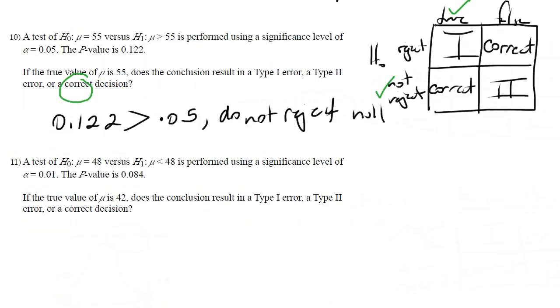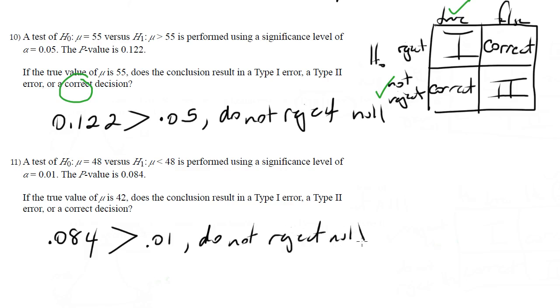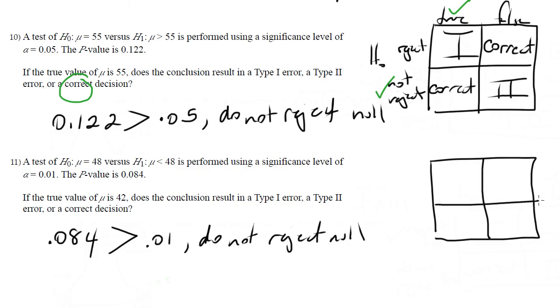Okay. Last one. P-value is 84 thousandths. Alpha value is 100th. P-value is greater. Do not reject the null hypothesis. So let's see what happens here. Null hypothesis is true or false.